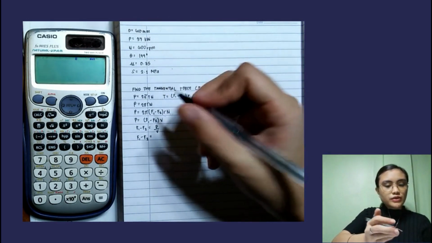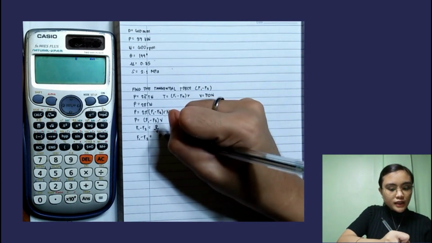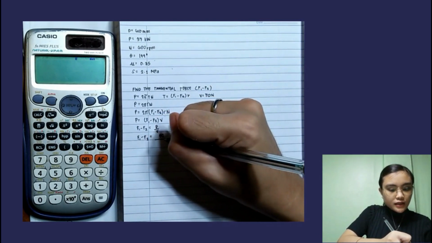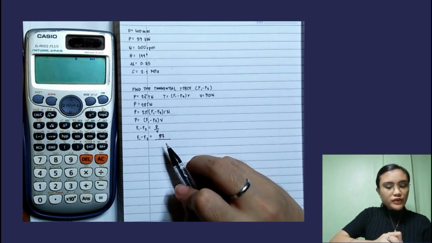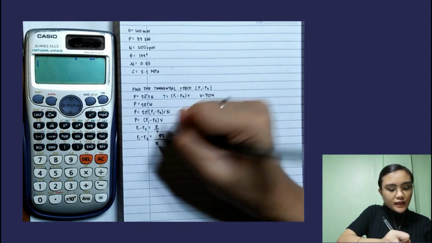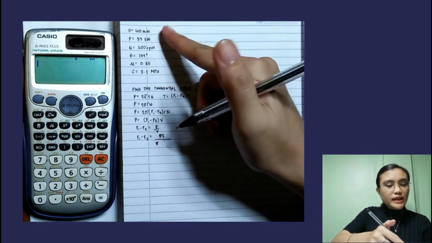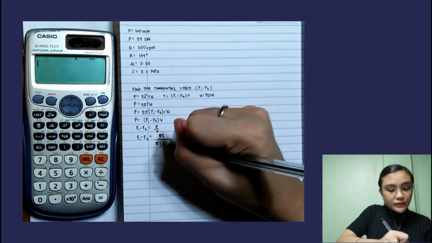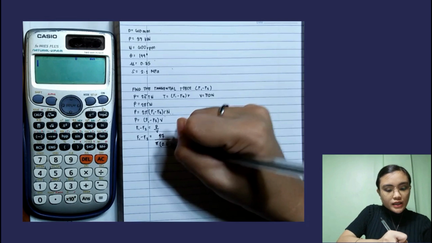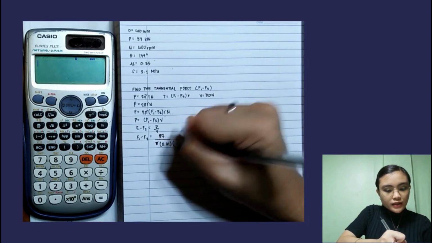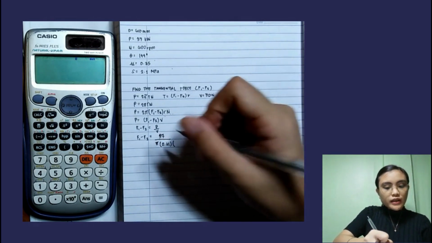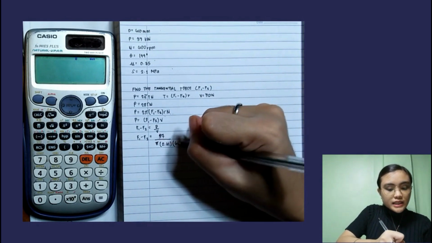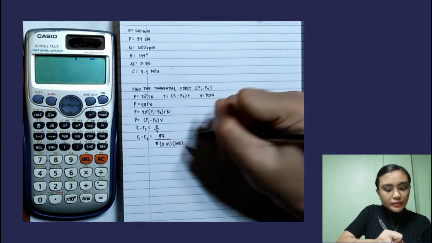So substitute 37 over the velocity, pi times the diameter, converted into meters, 0.61, times the N, 600 RPM.